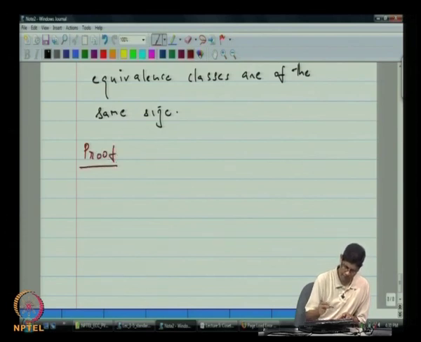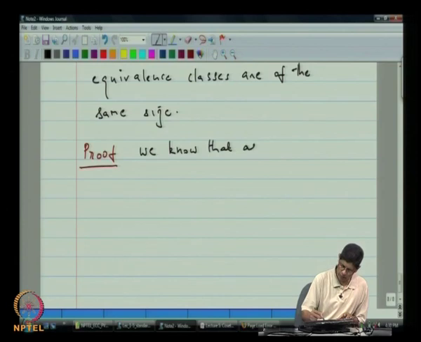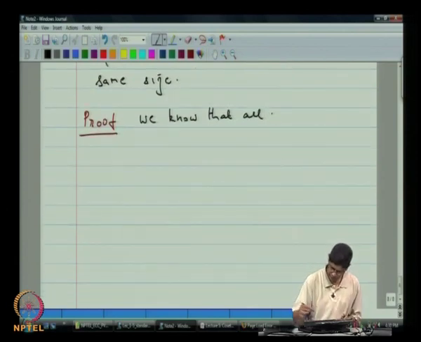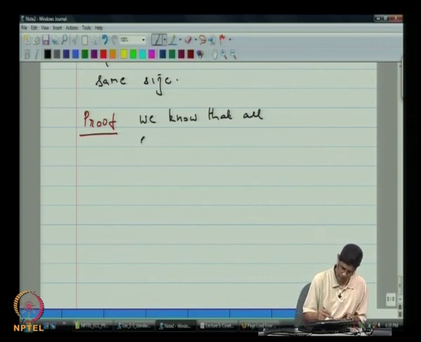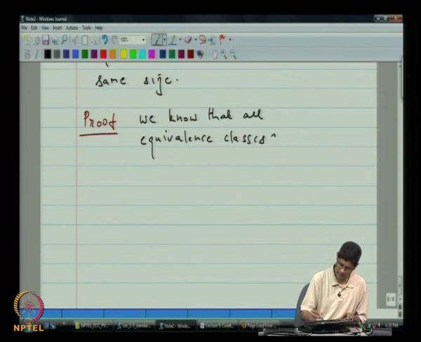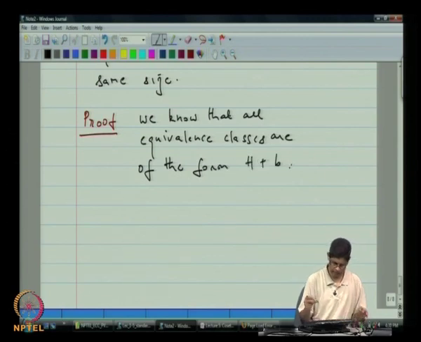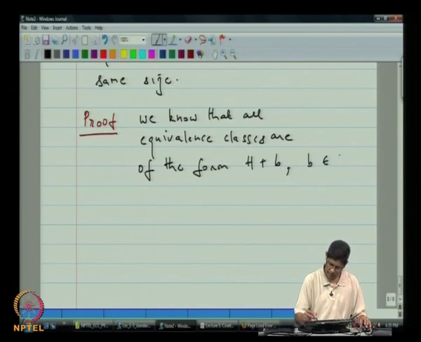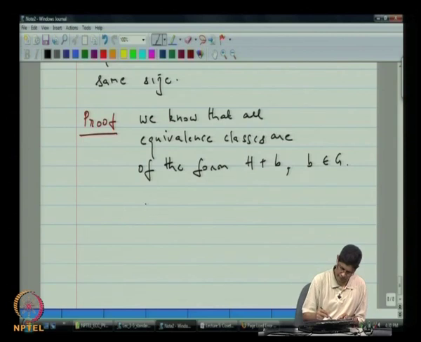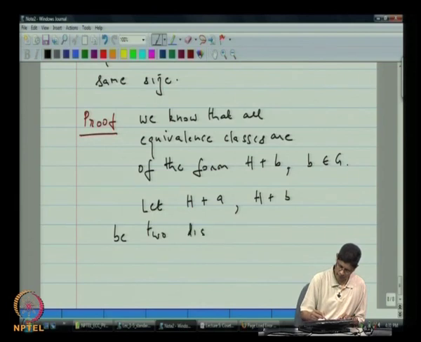The proof of the claim: we know that all equivalence classes are of the form H plus B for some B in G. So, let H plus A and H plus B be two distinct equivalence classes.